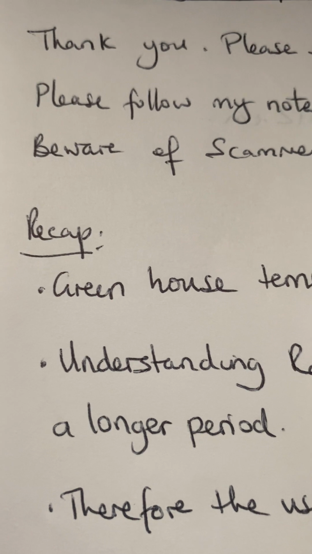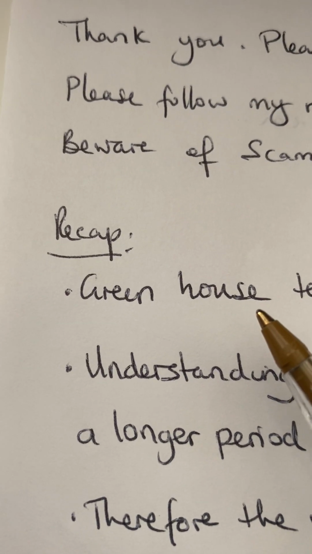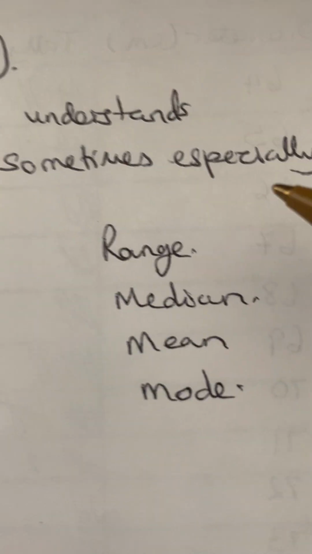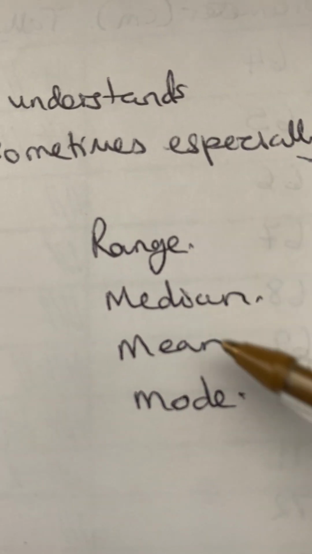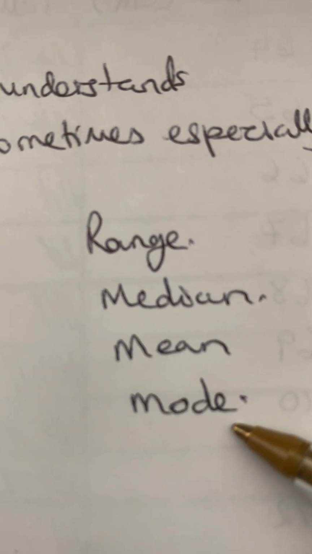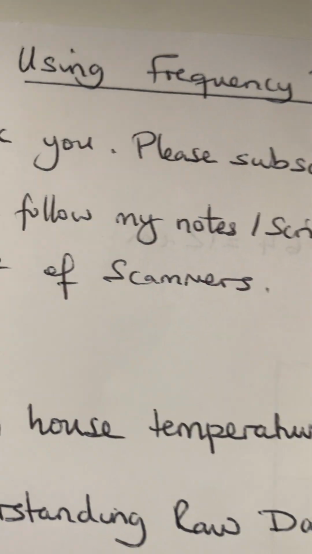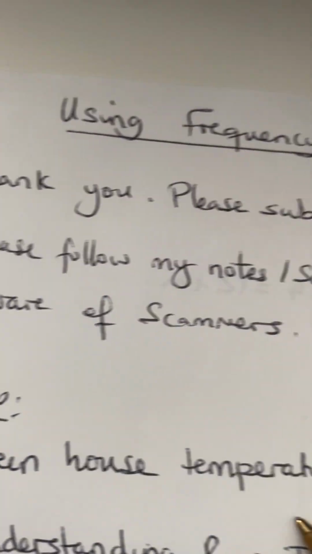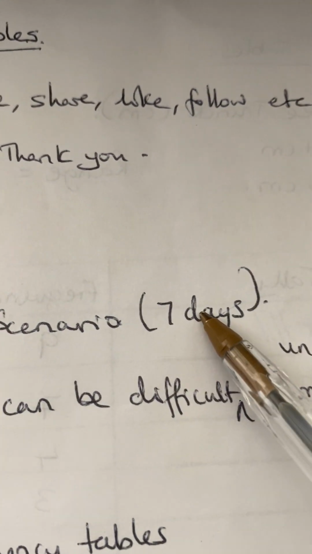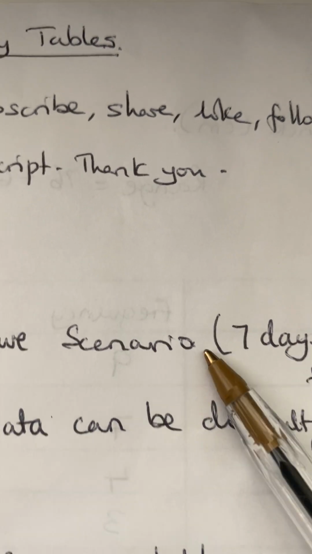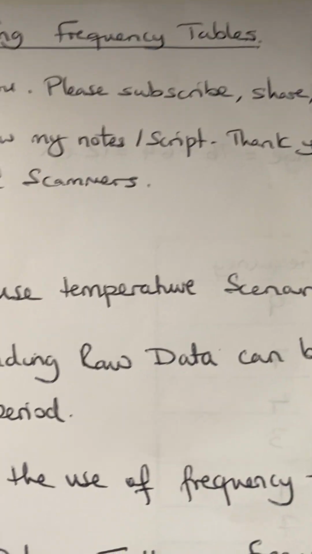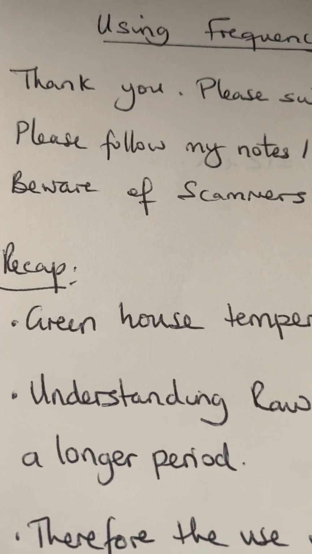Now, so far, before yesterday, I introduced you to range, median, mean and mode. Okay, and we had the greenhouse temperature scenario over 7 days, where at 10 a.m. every morning the owner will take the temperature.